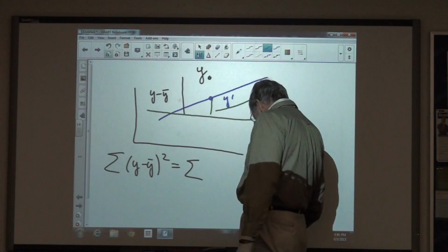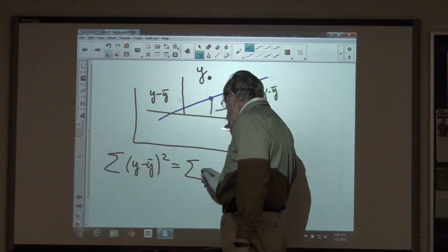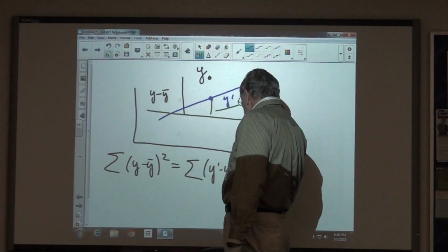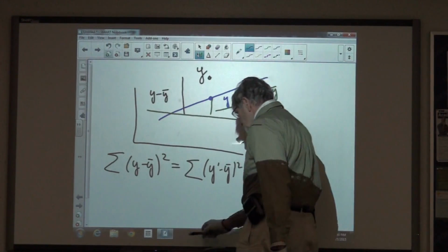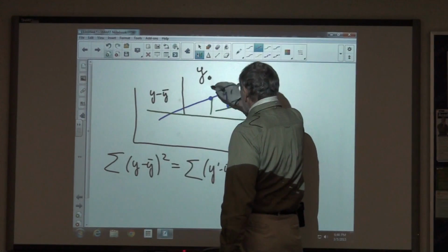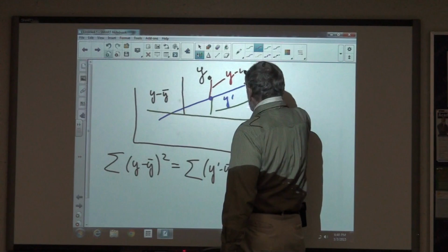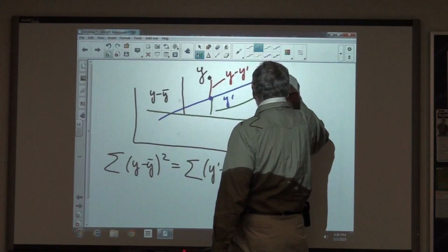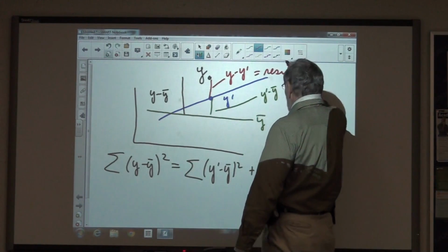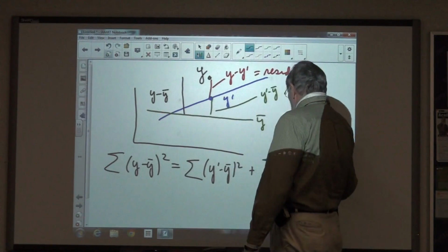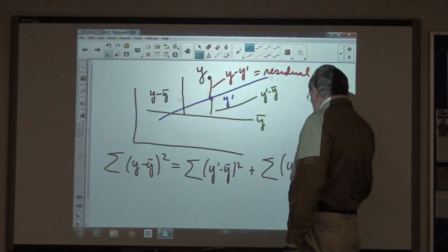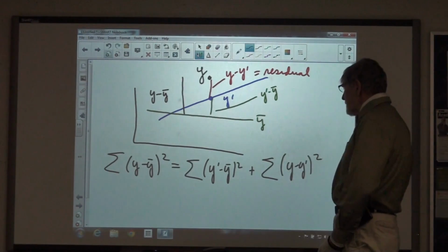So it's the sum of Y prime minus Y bar squared plus the sum of the residuals, which is unexplained. So this is the residual, which is Y minus Y prime equals residual. So this is the sum of Y minus Y prime squared. Okay, so that looks good.